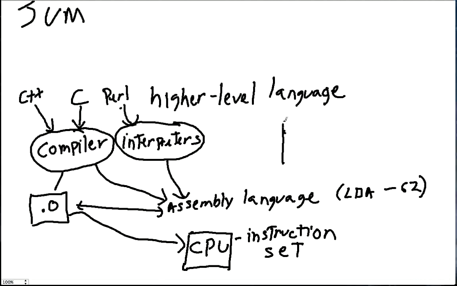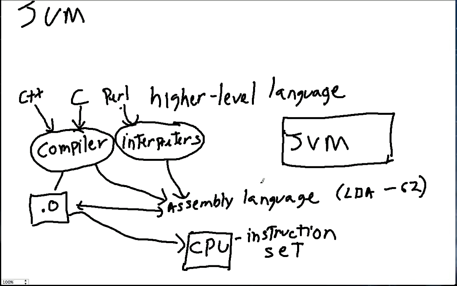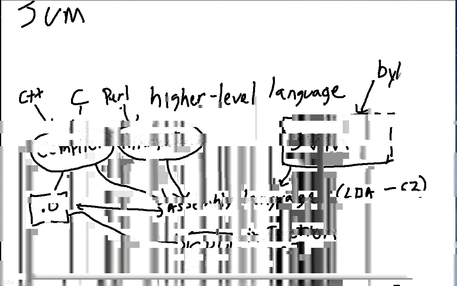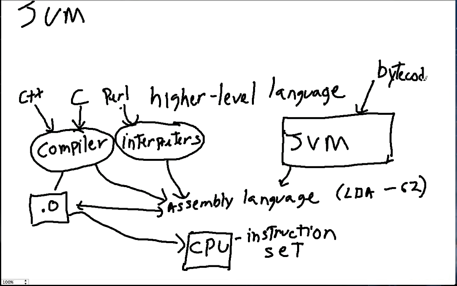What the Java people did is a little bit different. They built the Java virtual machine, which sits right about here. The Java virtual machine takes as input what they call bytecodes and interprets them into the assembly language.